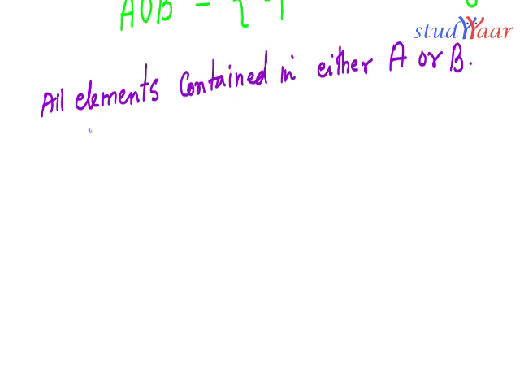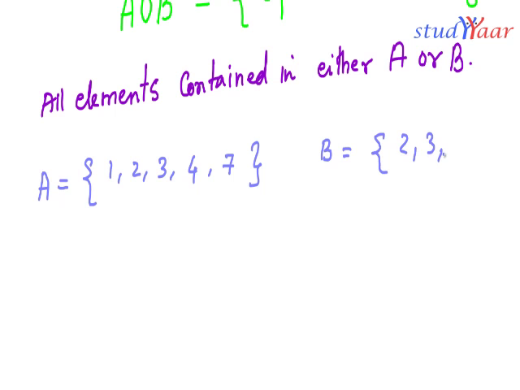Let us take an example. Let me say that A is equal to 1, 2, 3, 4, 7, and B is equal to 2, 3, 7, 9 and 11.